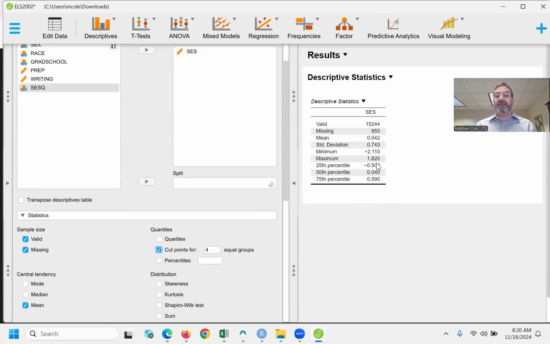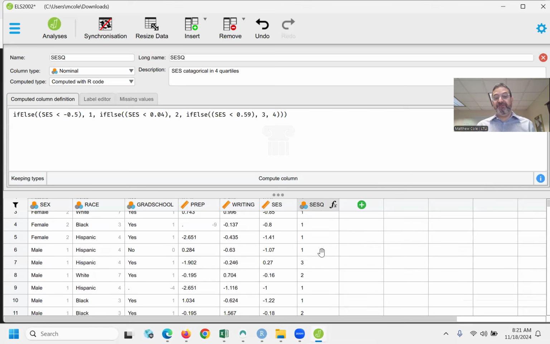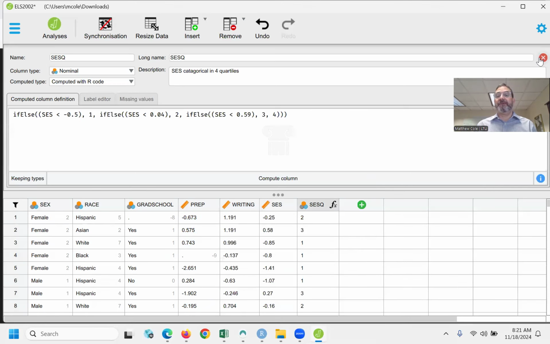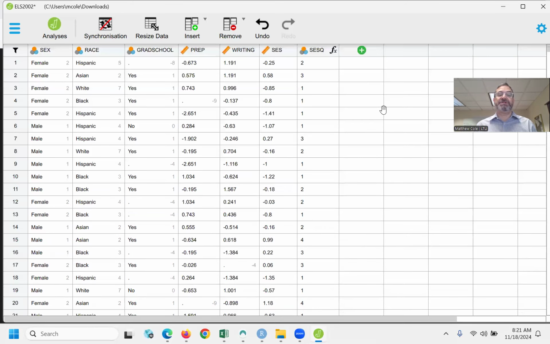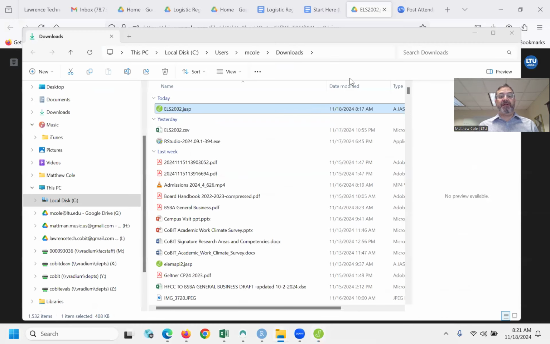So you can see -0.5, 0.04, 0.59, and if it's none of those 3, then it's going to be group 4. So we've already done that. The data are finished, and now we can start to experiment and do our analysis.